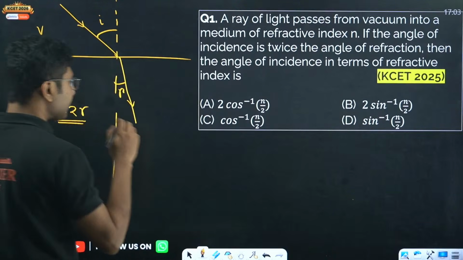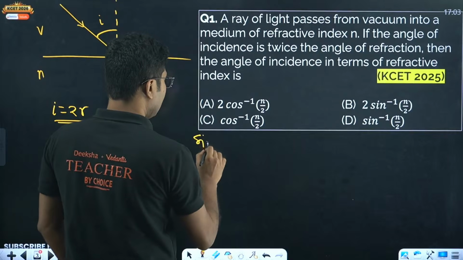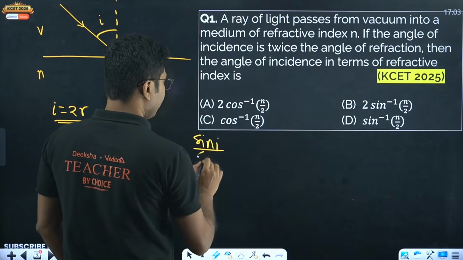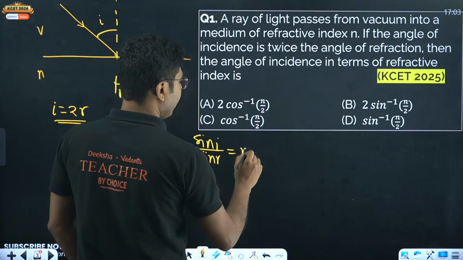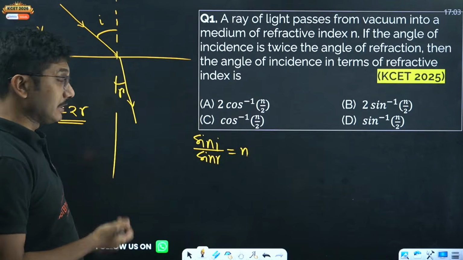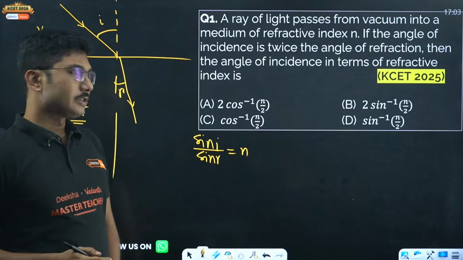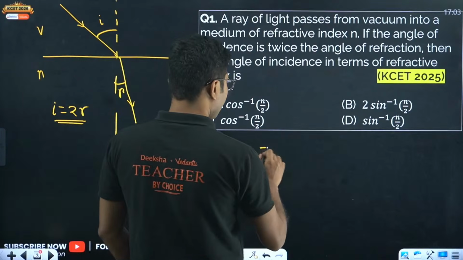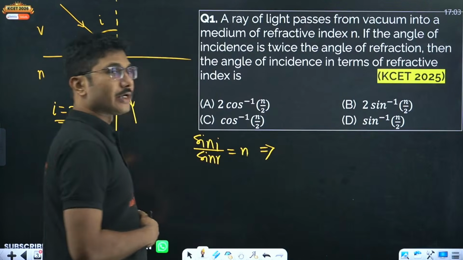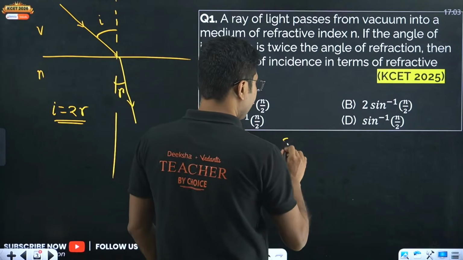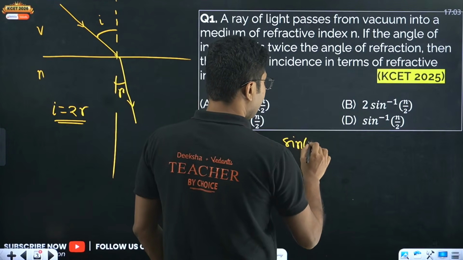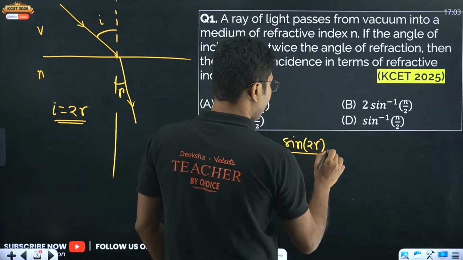Now we know from Snell's law that sin i divided by sin r equals n, right? This is the Snell's law. You are trying to find the angle of incidence, but first we will find it in terms of the angle of refraction.